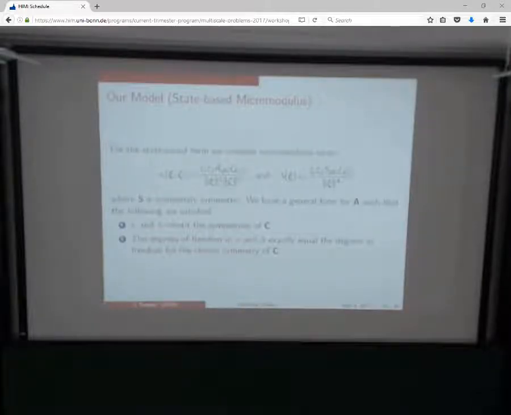And so that's kind of where we are with this model. We have one that works.